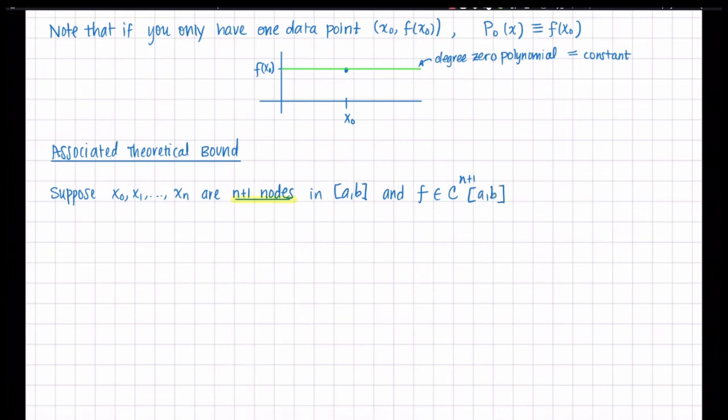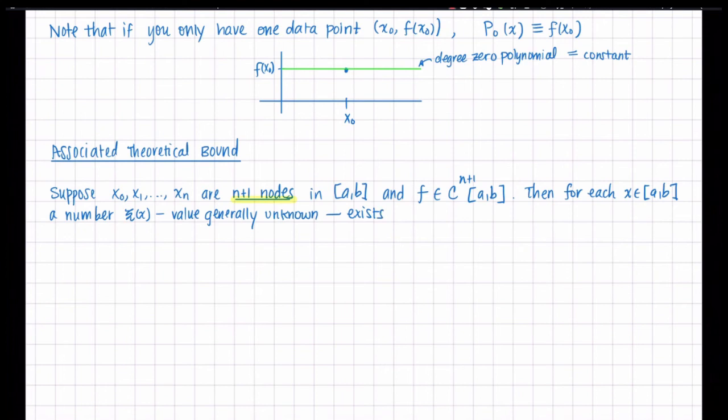And that's not too unreasonable. It just says that whatever phenomenon we're looking at is relatively continuous. Then, for each x in that interval from a to b, there is a number called c associated to x, a value that's generally unknown and not the focus of this theoretical bound. The important thing is that this value exists with the following property.